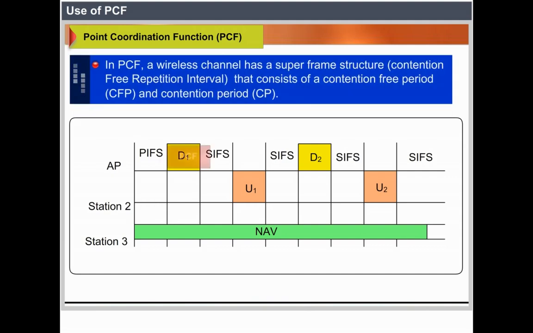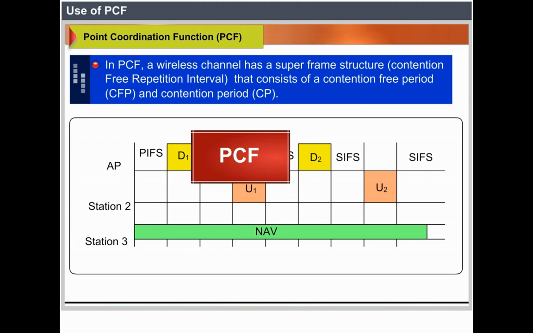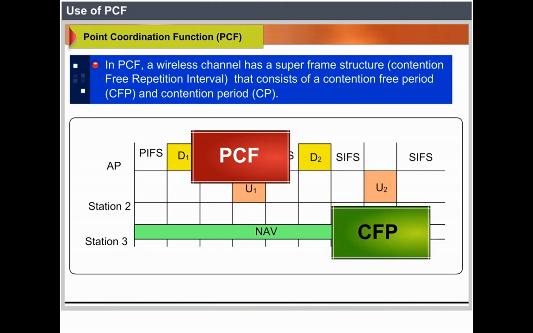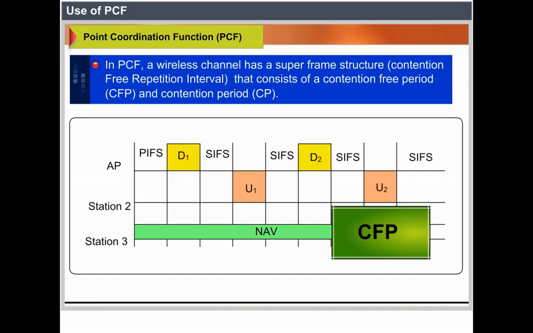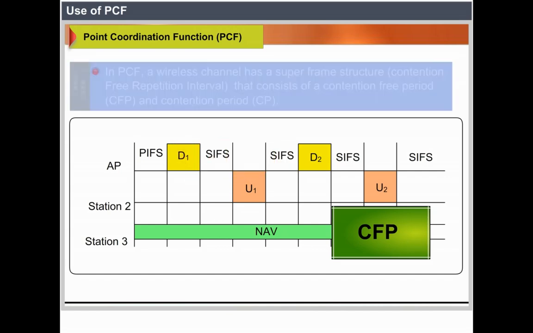In PCF, a wireless channel has a superframe structure, the contention-free repetition interval, that consists of a contention-free period, CFP, and a contention period, CP.